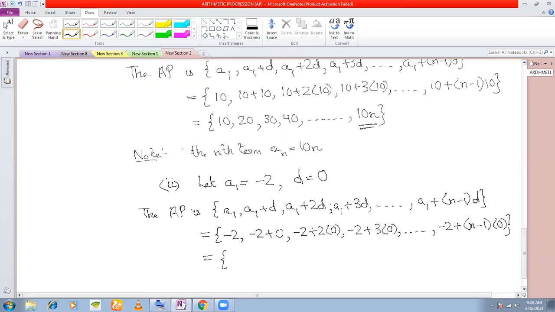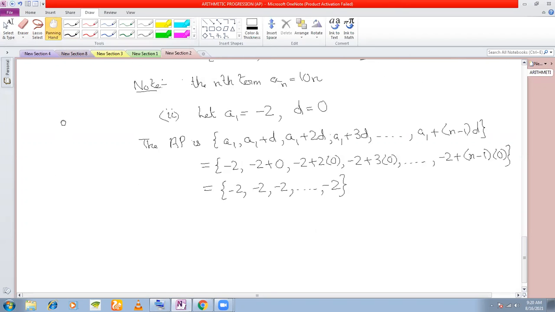So your required AP is -2, -2, -2, and so on, -2. So all the terms of the AP are -2 in this case, because the common difference is 0.